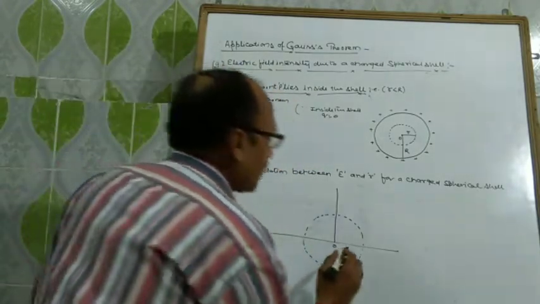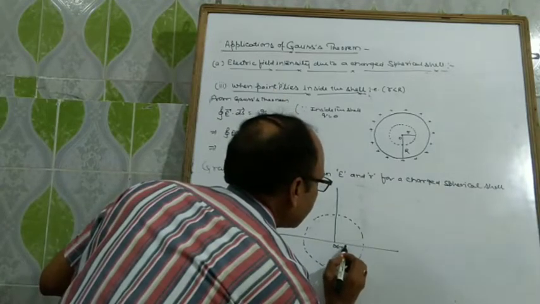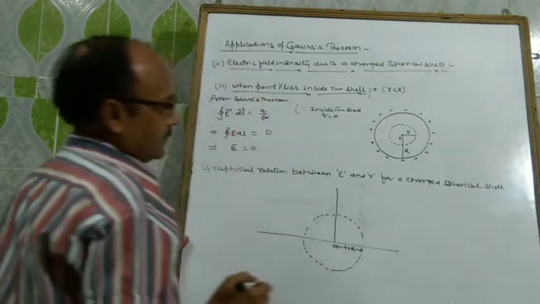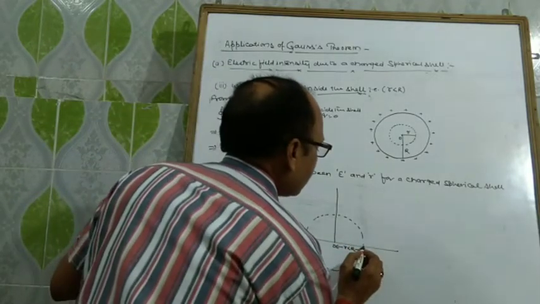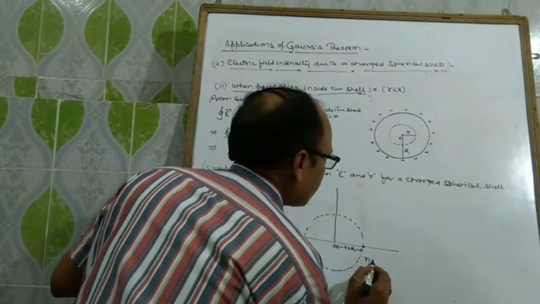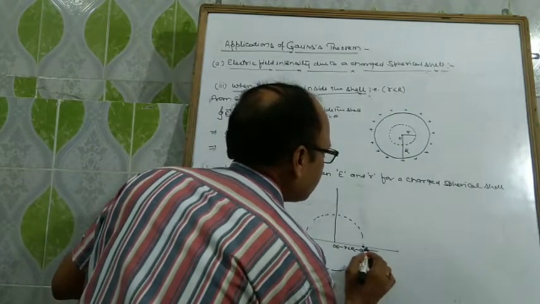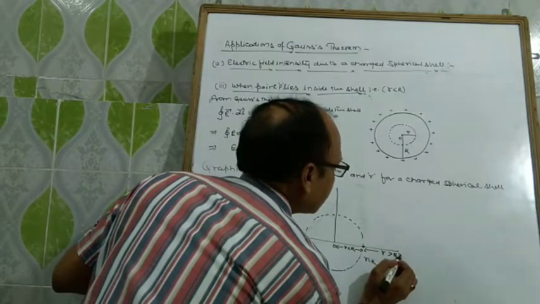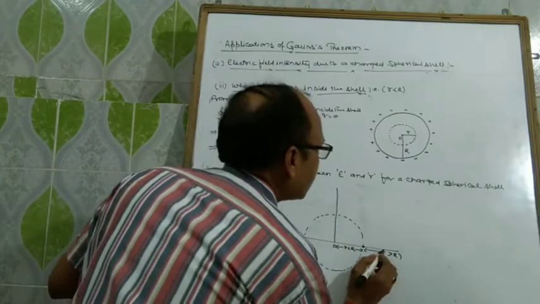At this point, small r is less than capital R. At this point, r equals capital R, and beyond this point, small r is greater than capital R.